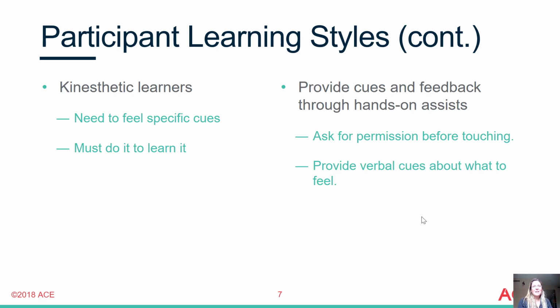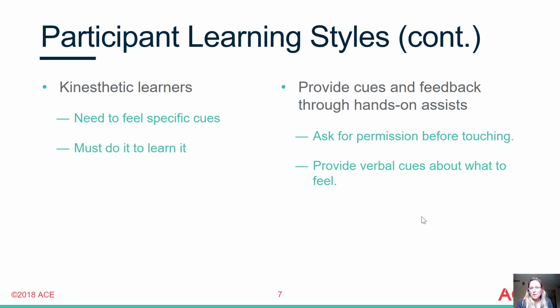And by saying that, that gets those participants to really stand upright with their posture, squeeze those shoulder blades together, pull them together. So that's going to allow them to pull their shoulders back. So they need to know what it feels like. So incorporating some of those kinesthetic cues can be very, very important. So they must do it to learn it, right? They need to go through the movements, know what it feels like in order to learn that.